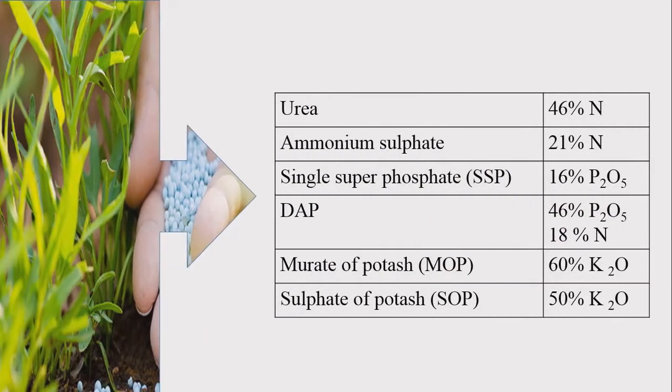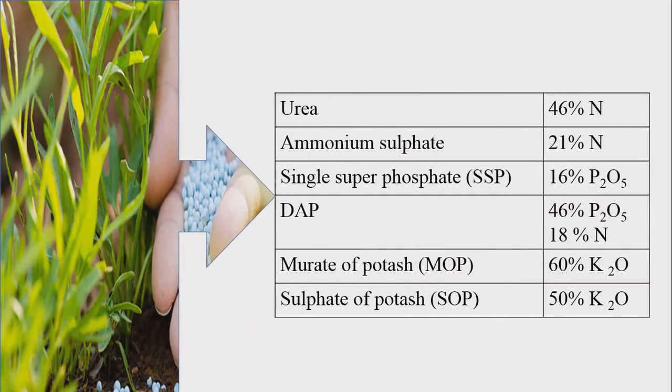For calculating any fertilizer requirement, you should know the amount of nutrient present in that fertilizer material. Examples: urea contains 46% nitrogen, ammonium sulfate contains 21% nitrogen, and single superphosphate contains 16% P2O5. These are all straight fertilizers, whereas DAP is a complex fertilizer.